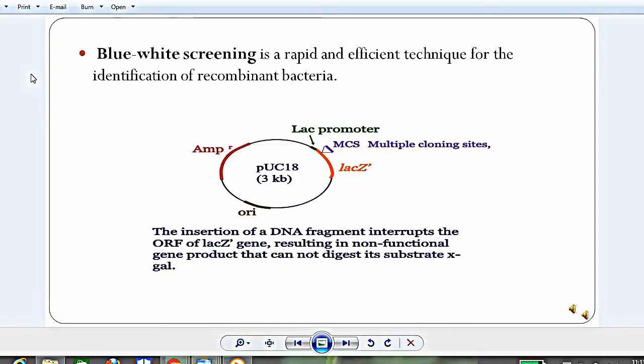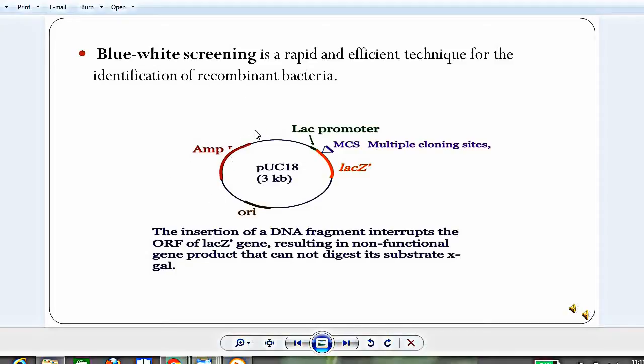So we can see a widely used vector having an ampicillin marker, a lacZ marker, and an ori region. The ampicillin marker in this case is widely used to help us identify the transformed bacteria.